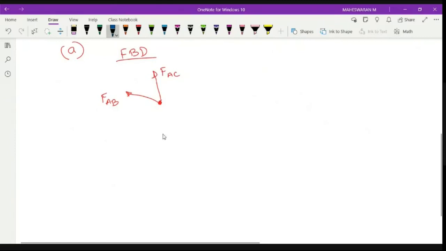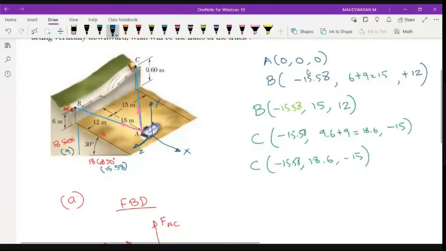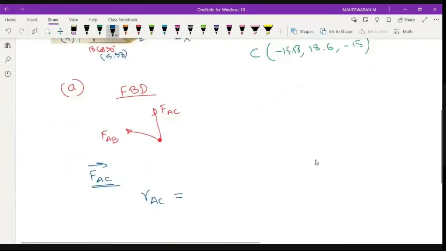First I ought to concentrate on force FAC. First RAC, which is C coordinate minus A coordinate. What is my C coordinate? Minus 15.58 minus 0. Whatever I subtract, you will get the same, so my C coordinate will be the direct value.